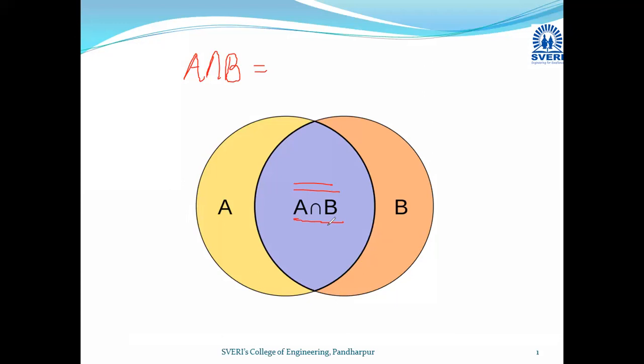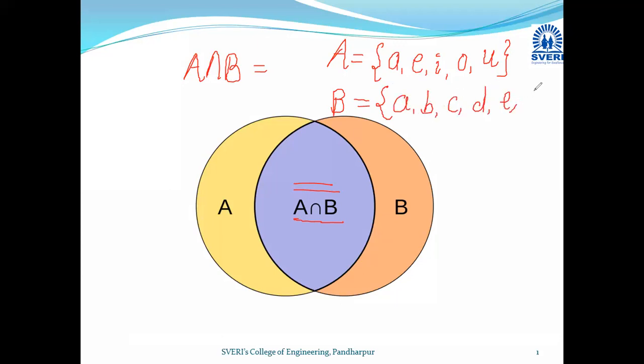Suppose I have a set A equal to A, E, I, O, U, and set B including A, B, C, D, E, and F. Now here we are taking A intersection B. So A intersection B means the terms which are common between these two sets.